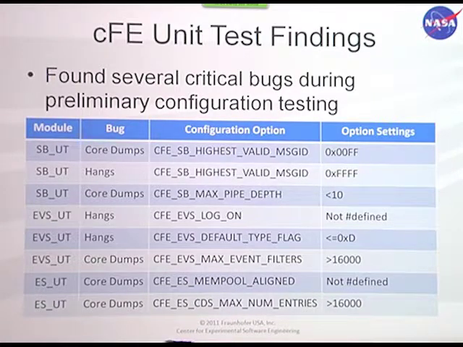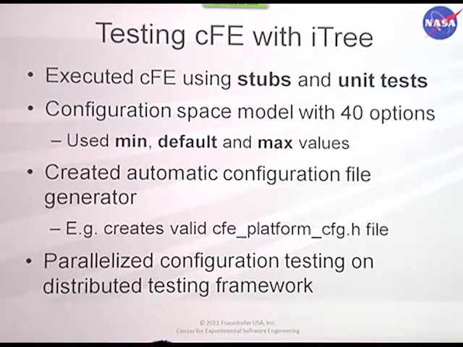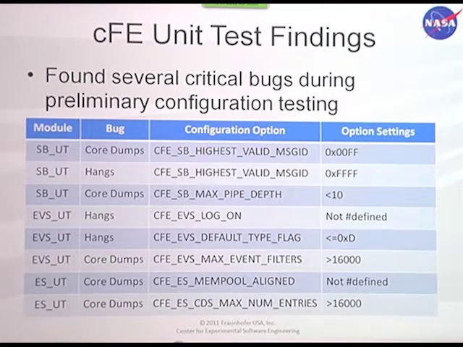Because we're using only the stubs and the unit tests, the system behavior we can observe is limited. So that's why the report only shows this one-way interaction, where only one configuration option is causing the problem.